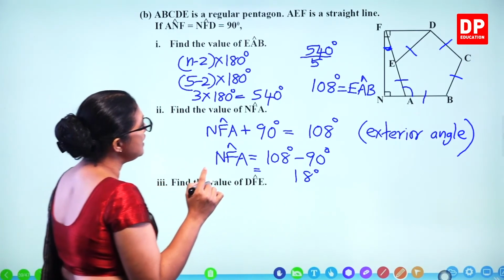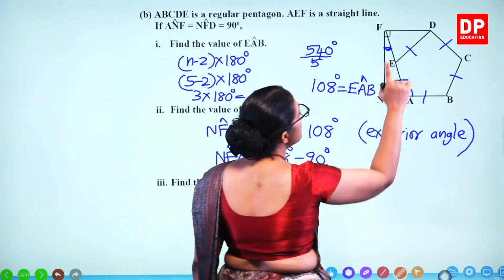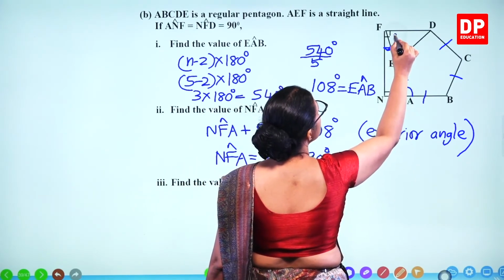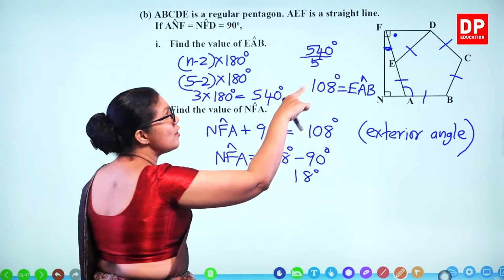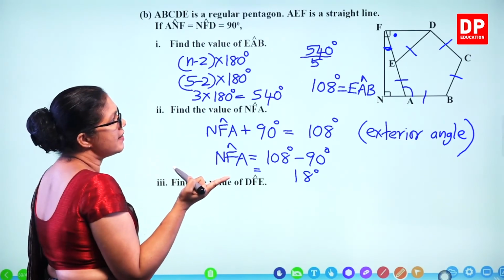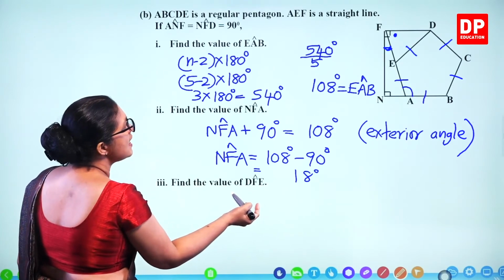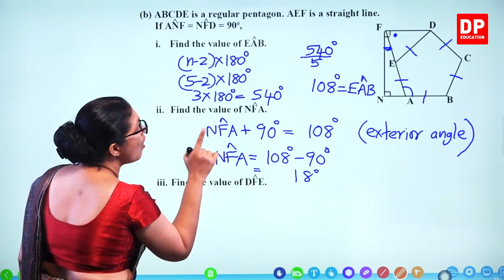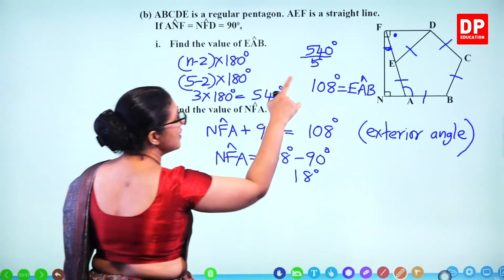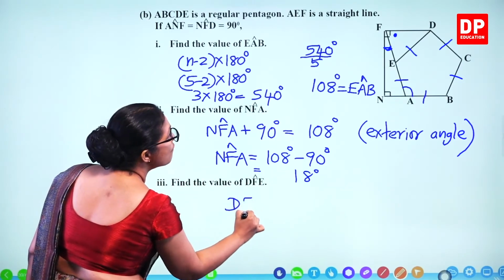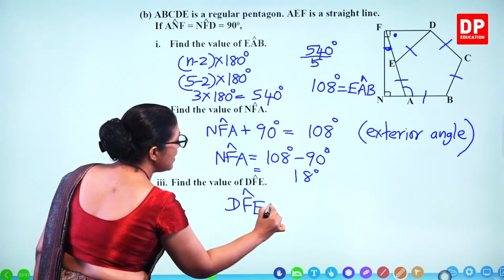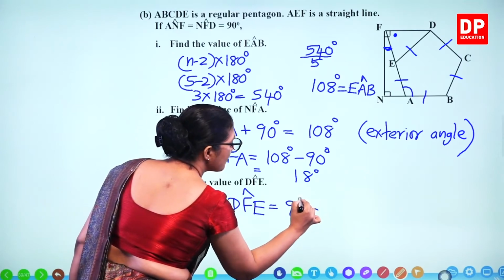Find the value of DFE. DFE, this angle. So we know the whole angle is 90 degrees and we found this is 18. So what is DFE angle? DFE angle is 90 minus 18.